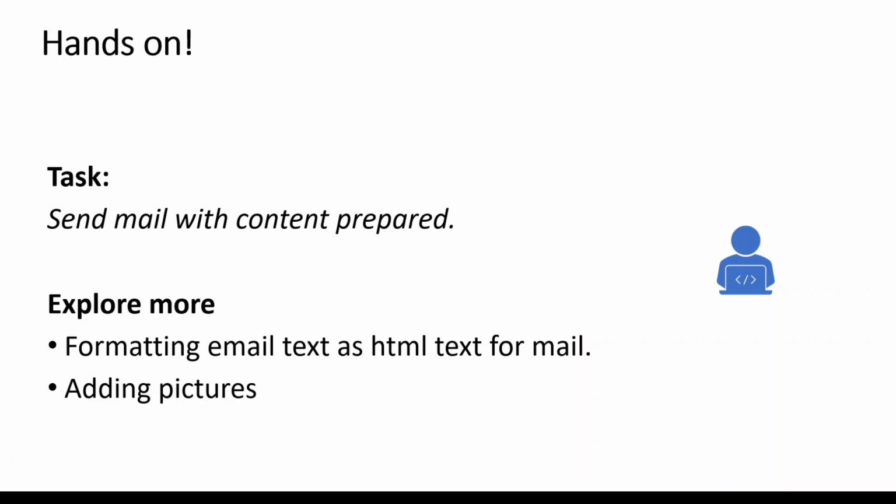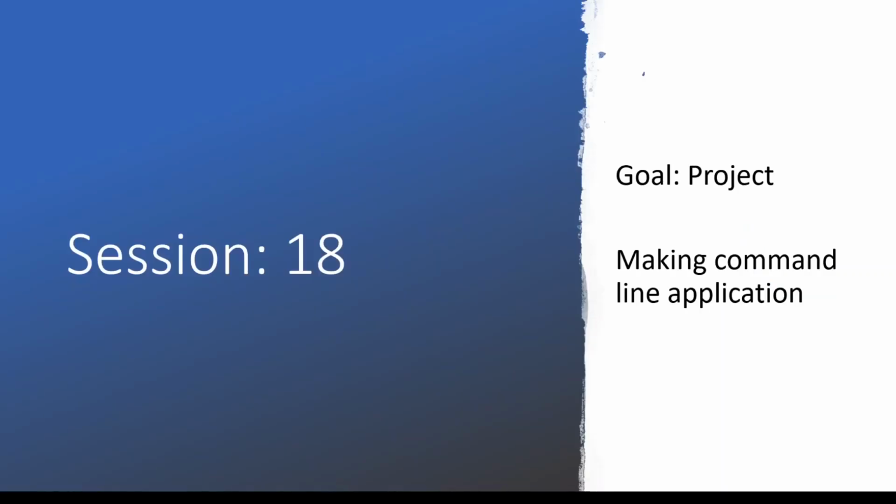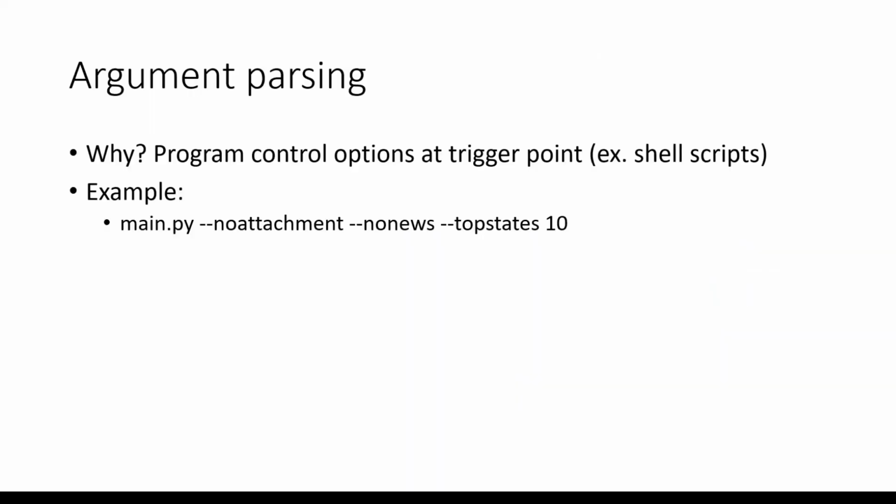Now let us look at what the problems are. The first problem is, if there is a new feature, how do you put it in without breaking the existing feature? For example, tomorrow we'll be discussing how you make this a command line application. For example, you don't need to send a mail.